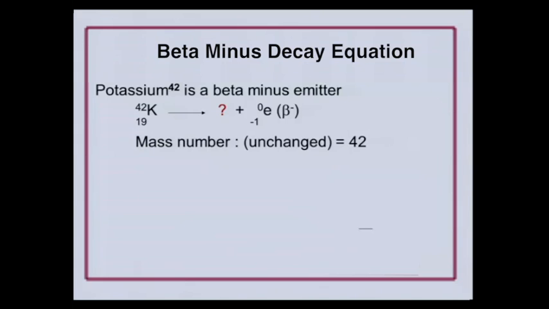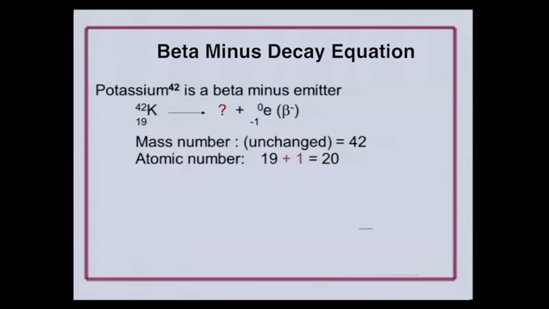It's because for all intents and purposes, it is a free electron. It's the same size, same mass, and the same charge. And so we just use that nomenclature. But you can also see it with the Greek letter beta as well. Either way is accepted.